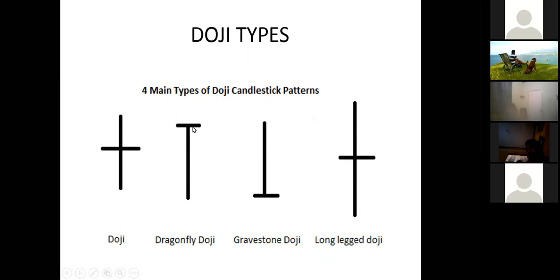So one of the first features of applying the dragonfly doji, this is an example where, if you look from left to right, we had a little bearish momentum, a small downtrend, then we progressively moved higher and higher and higher. Then we had a strong downtrend again.